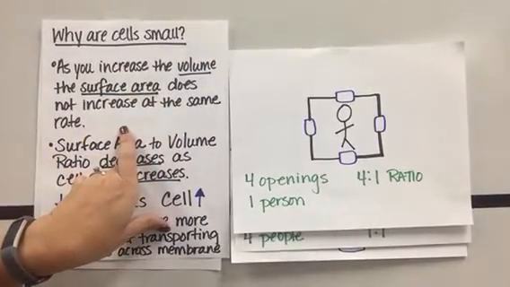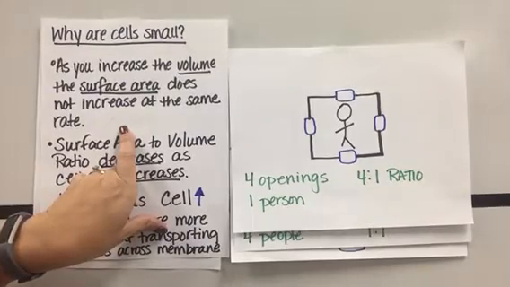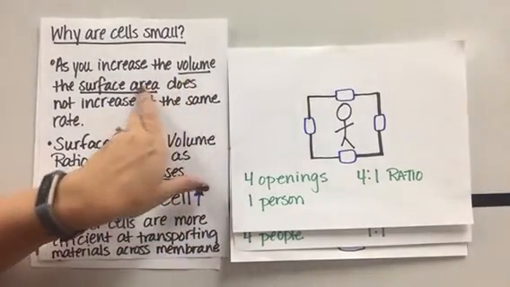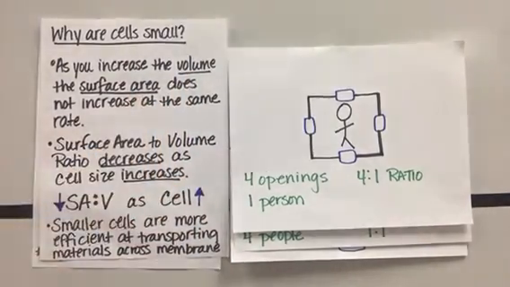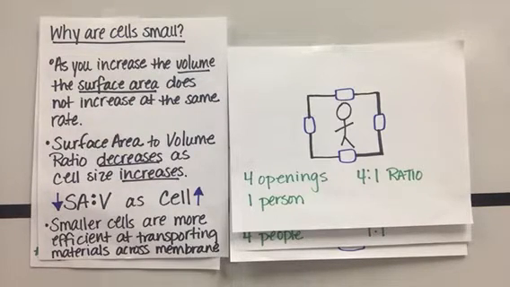So first bullet point, as you increase the volume, the surface area does not increase at the same rate. So when we look at a cell, as it gets larger, its volume is going to increase and its surface area is going to increase, but they don't increase at the same rate. The volume is going to increase at a much faster rate. So as it's getting bigger and bigger and bigger, the surface area doesn't get nearly as big.